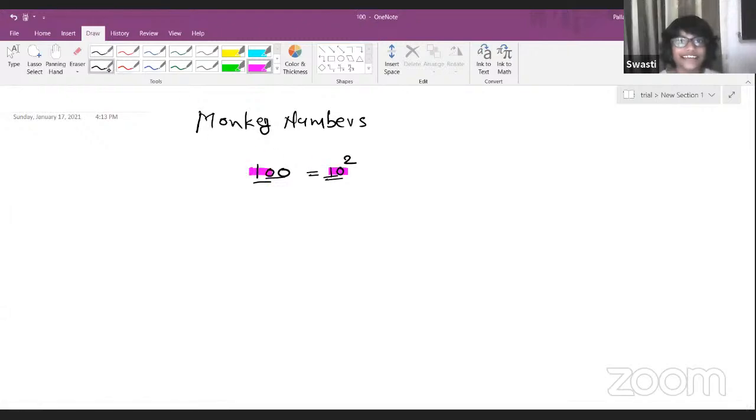Do you see that? What do you think? Is there any pattern in them? Also, the cube of 49 is 117649, and 117649 is a monkey number.